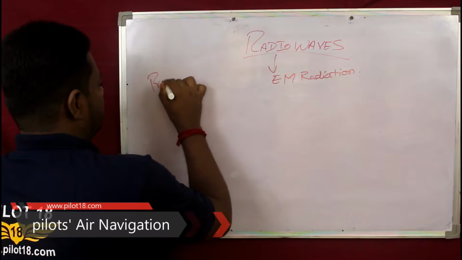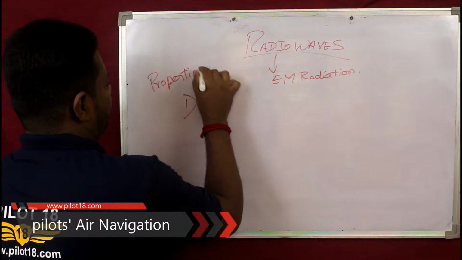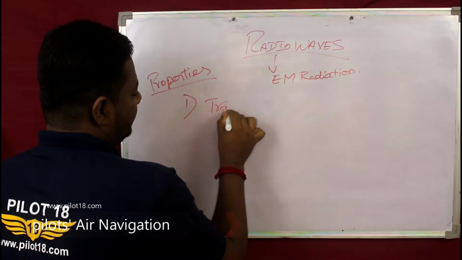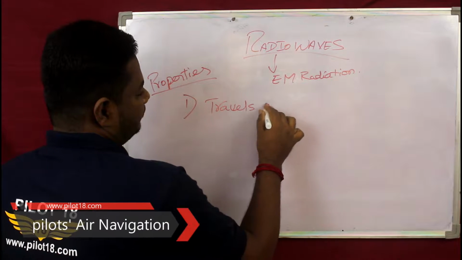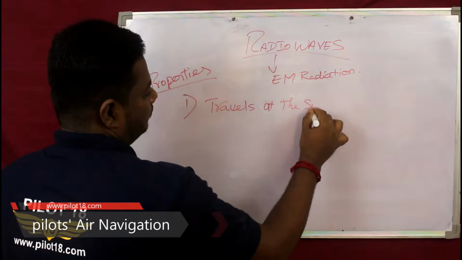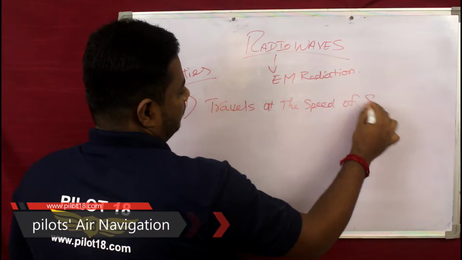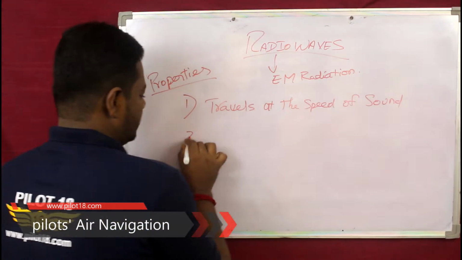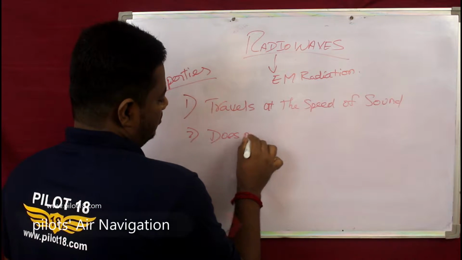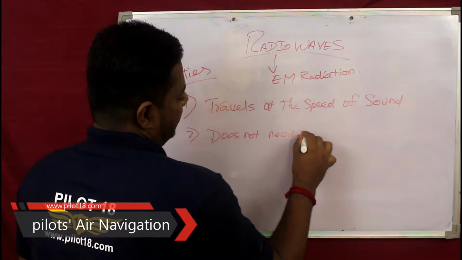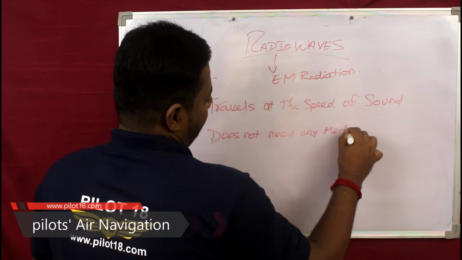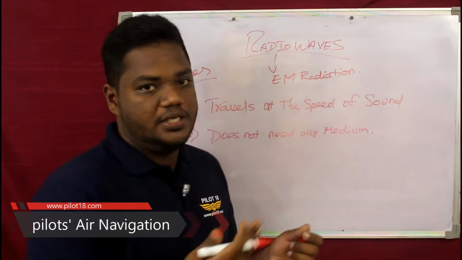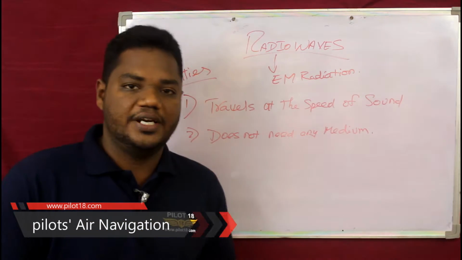First, let's have the quick properties of radio waves. It travels at the speed of sound. Does not need any medium, which means when we speak, we cannot speak in a vacuum, right?